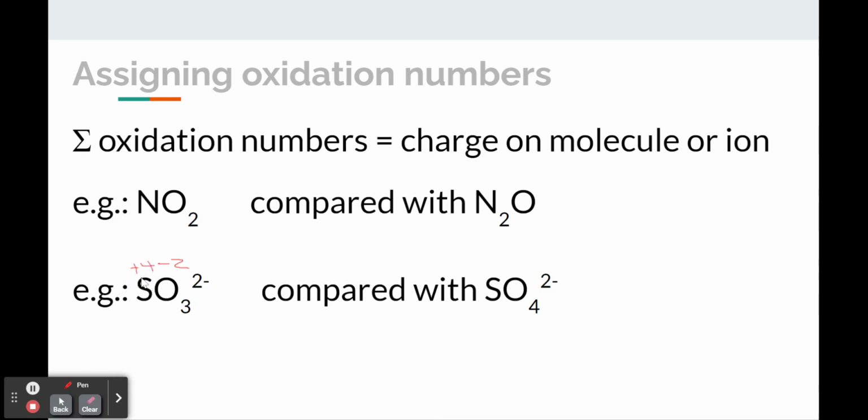Because +4 minus 6 gives me -2. Now, if I'm looking at sulfate, oxygen's -2, and 4 of them gives me a -8. So whatever sulfur's oxidation number is, it has to add to -8 to give me -2. So that means my sulfur in this case has to have an oxidation number of +6.